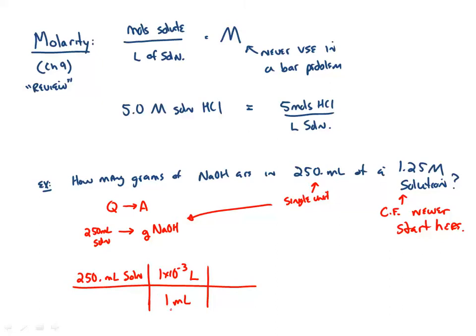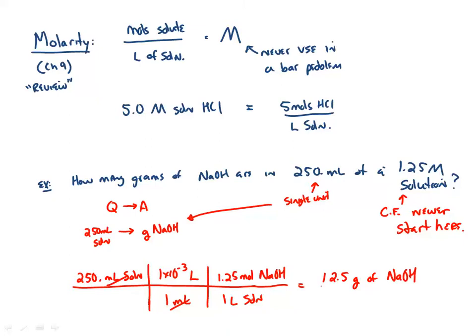And then we can use our conversion factor. There's 1.25 moles of NaOH in 1 liter of solution. Plug that into your supercomputers and you should get 12.5 grams of NaOH.